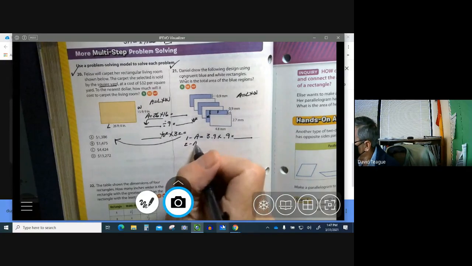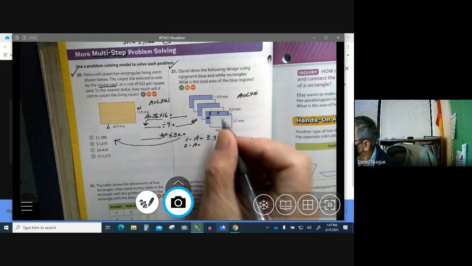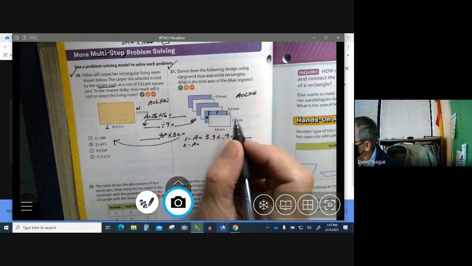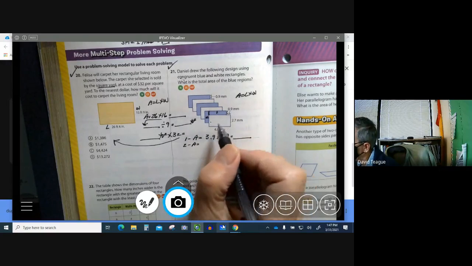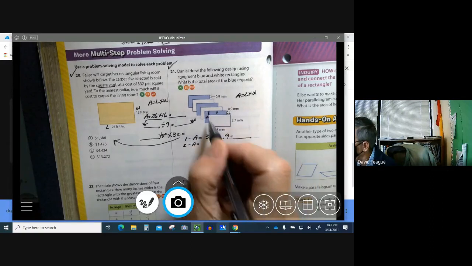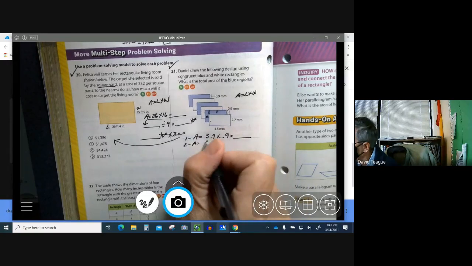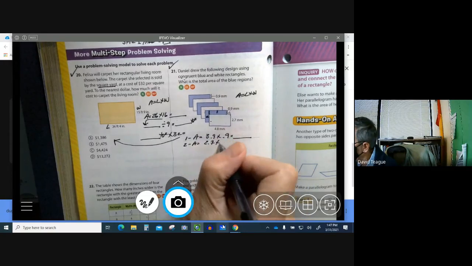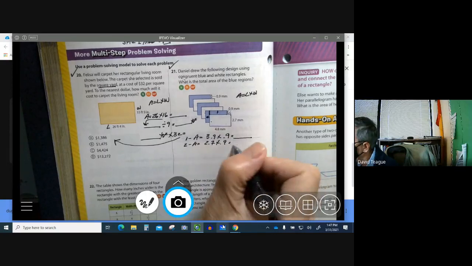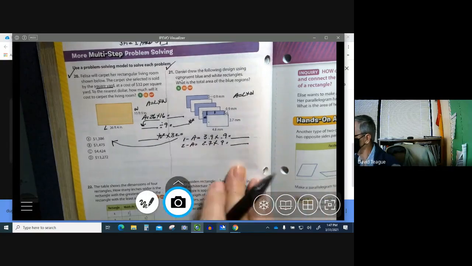Rectangle 2, the area is going to be, I know this dimension here is 0.9, and I know that this dimension here is 2.7. That didn't change because this is the exact same as this. So 2.7 times 0.9 gives me the area of rectangle 2. Okay.